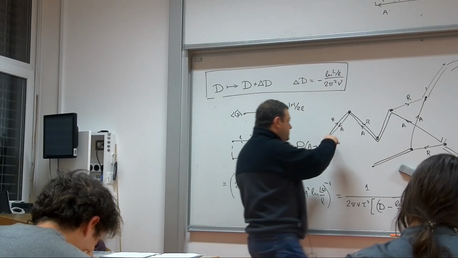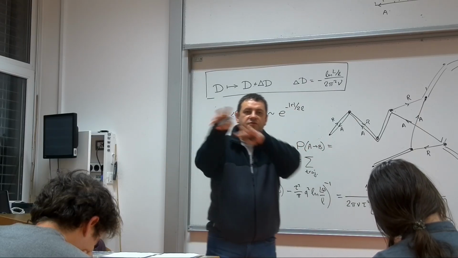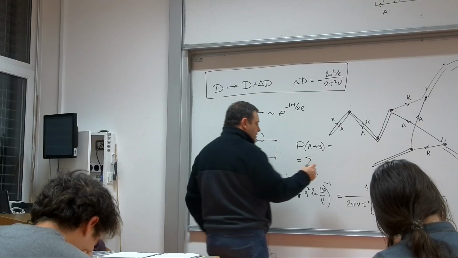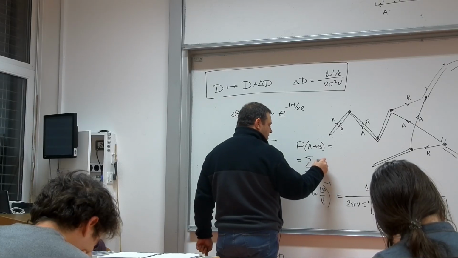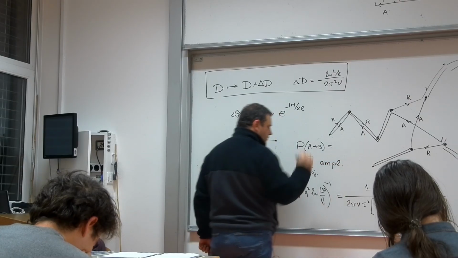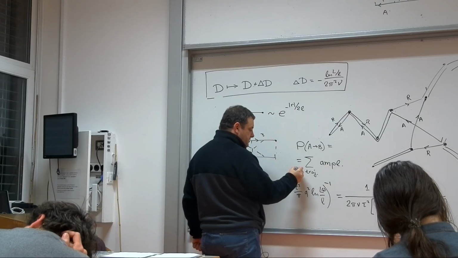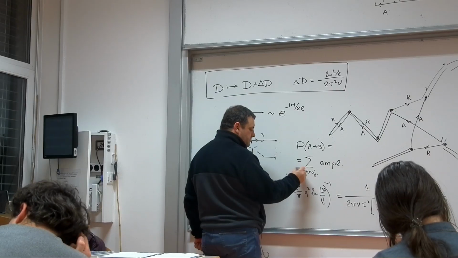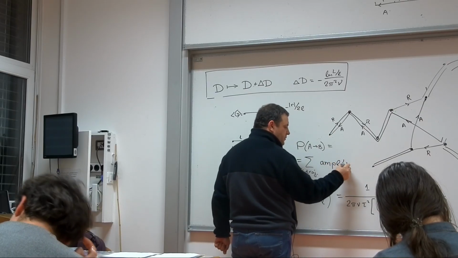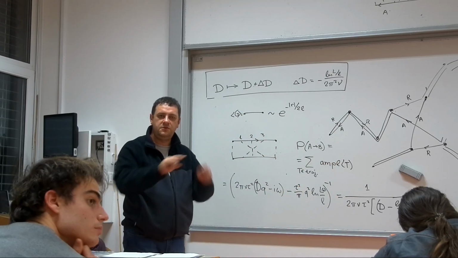We have many trajectories going from here to here, which scatter in different order on different impurities. We have an amplitude of each trajectory. Let's say t is a trajectory, and we have an amplitude which is a function of t. We should sum up all these amplitudes.